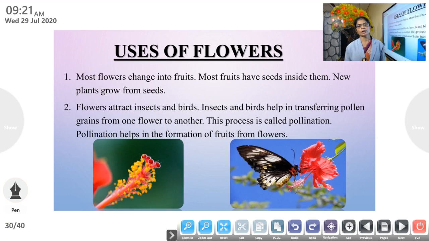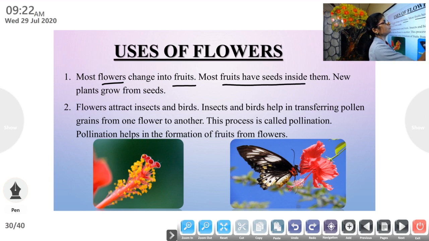What are the uses of flowers? Most flowers change into fruits.